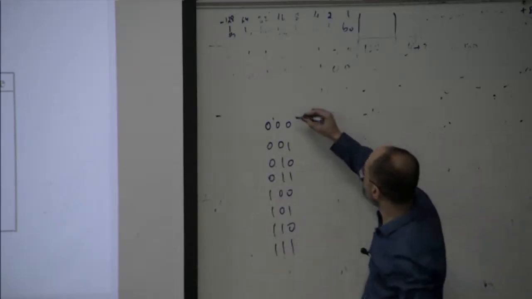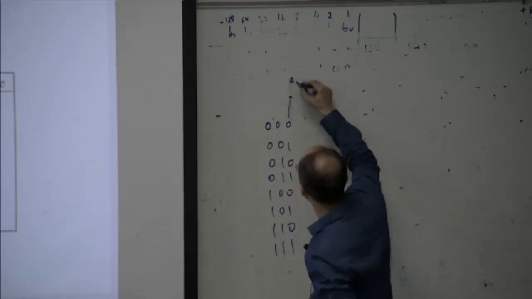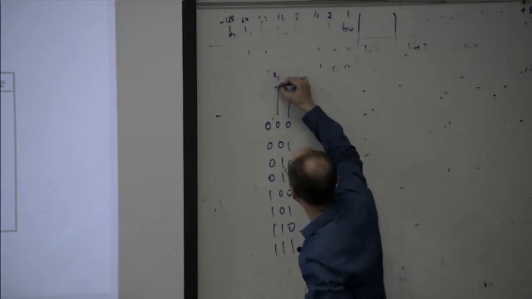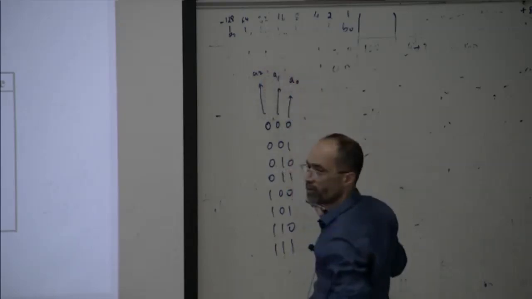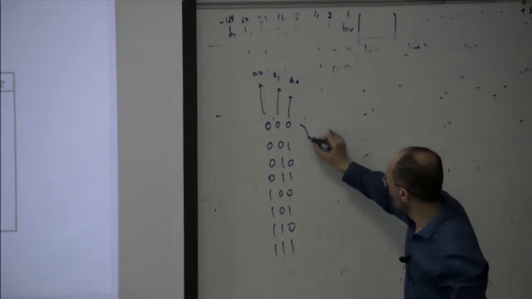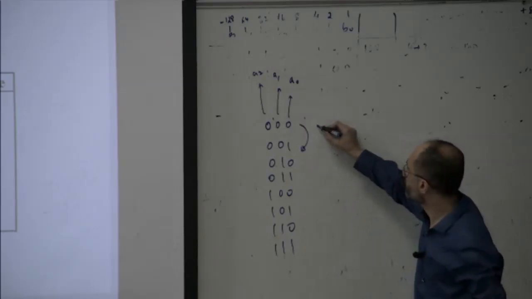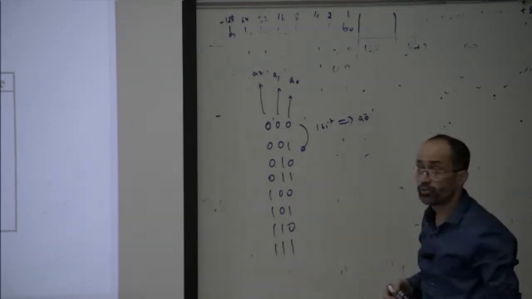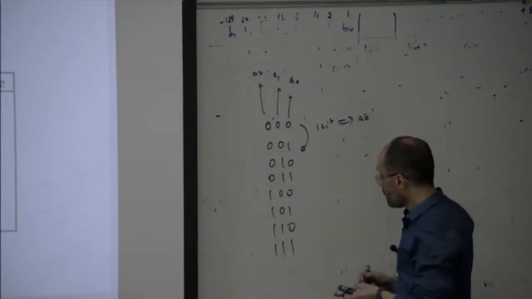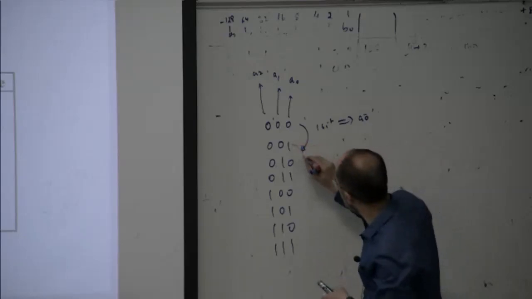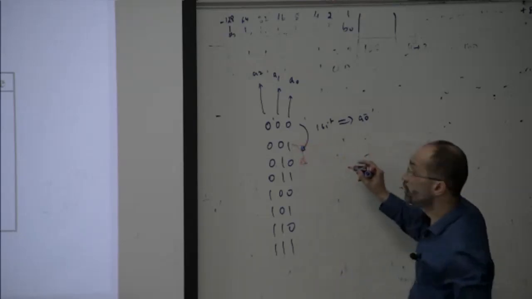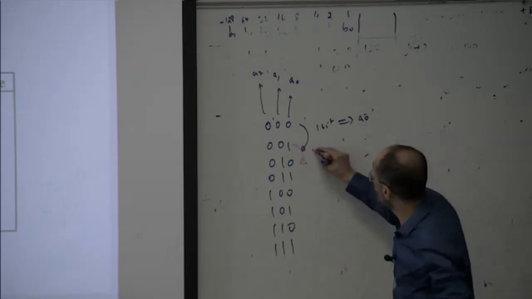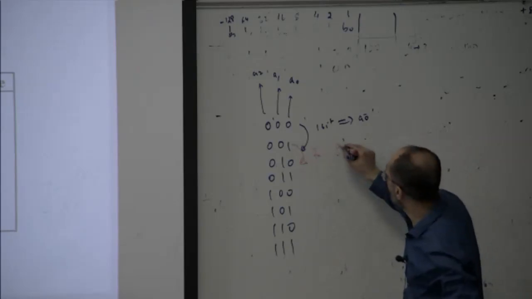Now this is A0, this one is A1, and this one is A2. We go from 0 to 1. How many bits change? 1 bit change. What is changing? A0. Now, if we go from 1 to 2, how many bits are changing? 2 bits. What is changing?